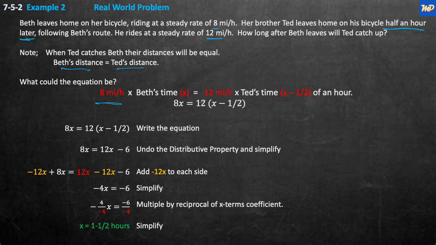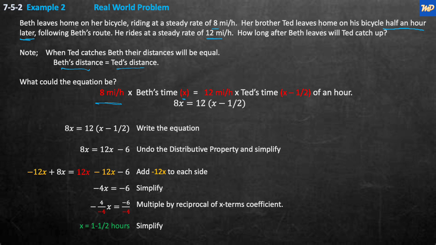And Ted's going to be 12 miles per hour times his time. Well, what is his time? His time is whatever her time is, x, minus a half an hour, because he left a half hour later. So he's going to travel Beth's time minus a half an hour.